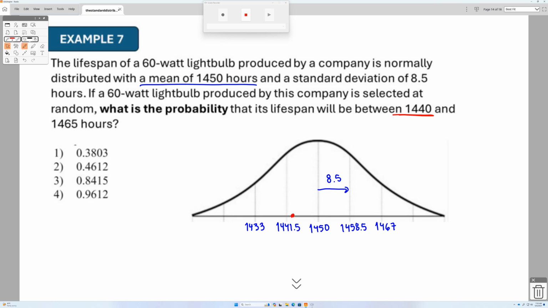The lower bound will be a little less than 1 standard deviation to the left and less than 2 standard deviations to the right of the mean.